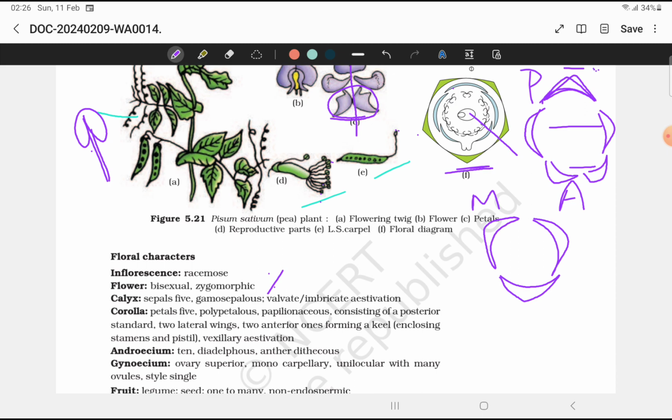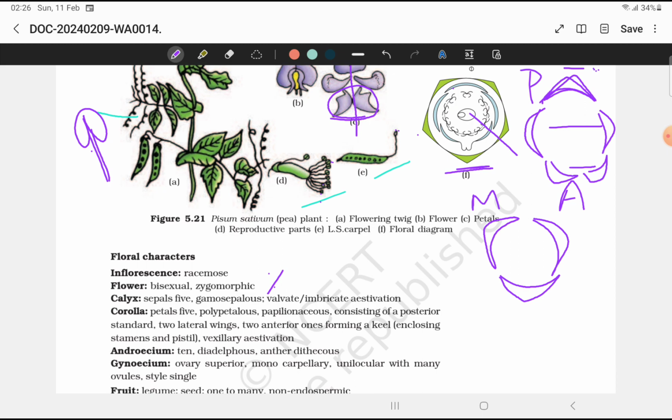Many ovules: when you open the pod of a pea plant, the pea fruit, you can see that the peas are beautifully arranged in a line. Even in the beans, lab lab, avarekai, in all of that you can see that it is arranged very beautifully, and it is all marginal placentation.